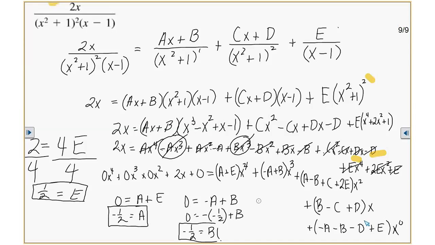And I just did what? The cube. Okay. Now, x squared is going to be 0.